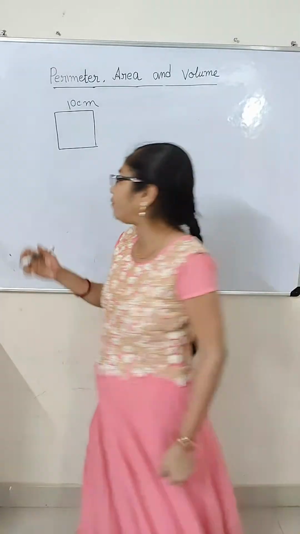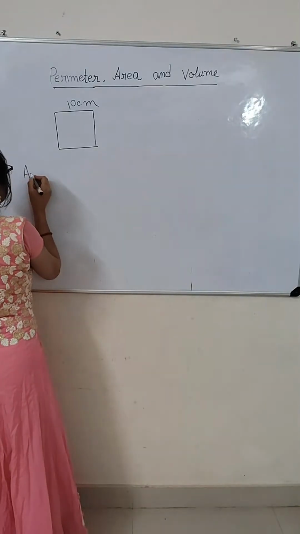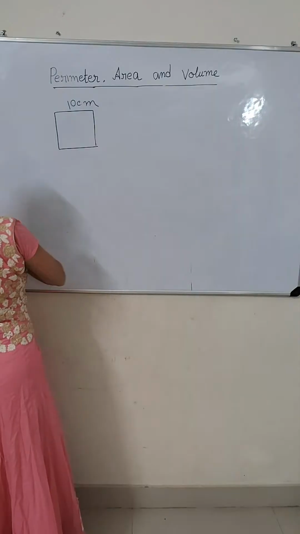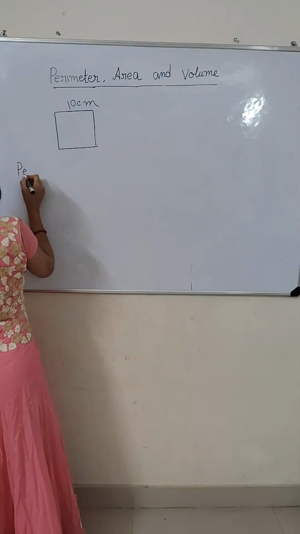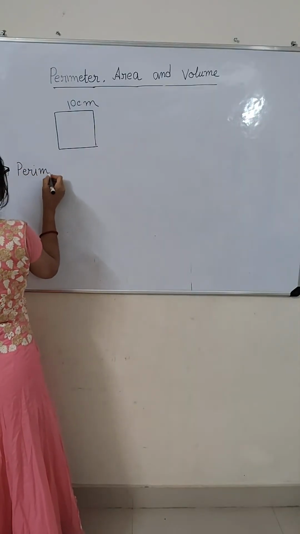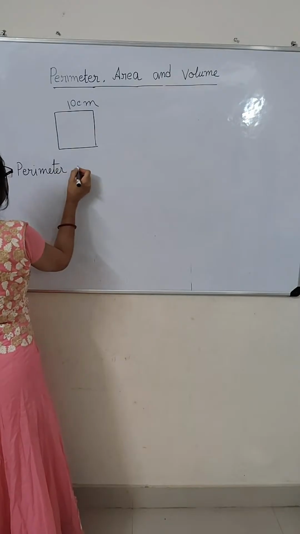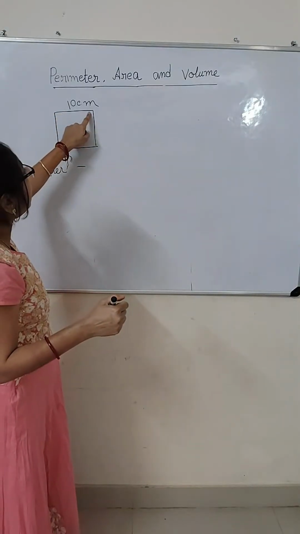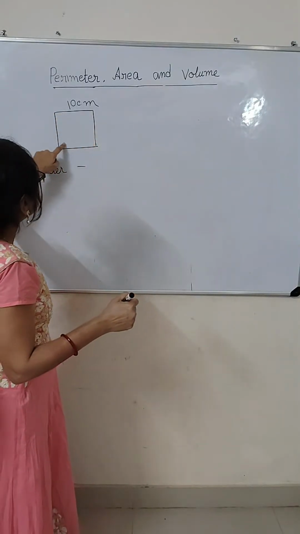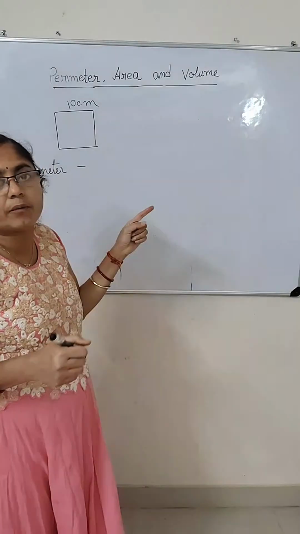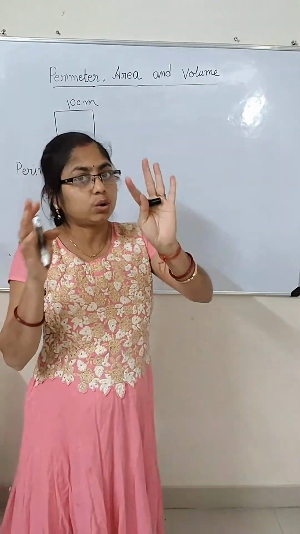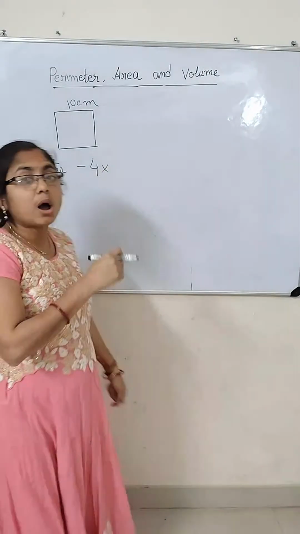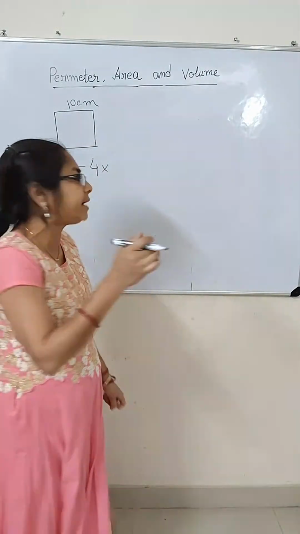Now I write the formula. Perimeter. Look carefully. You start from one side, cover 2 sides, 3 sides, 4 sides. How many times do you go? You go 4 times. So I write 4. Then all the sides are equal, so I write side.